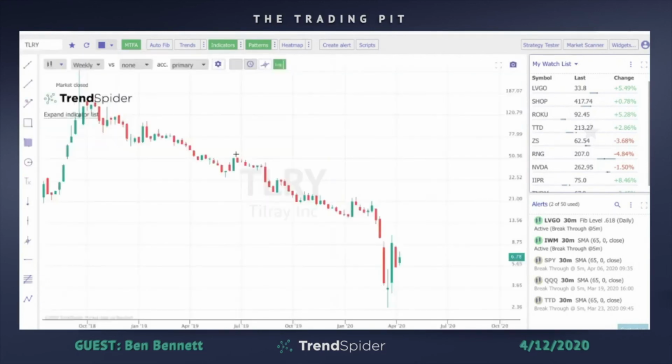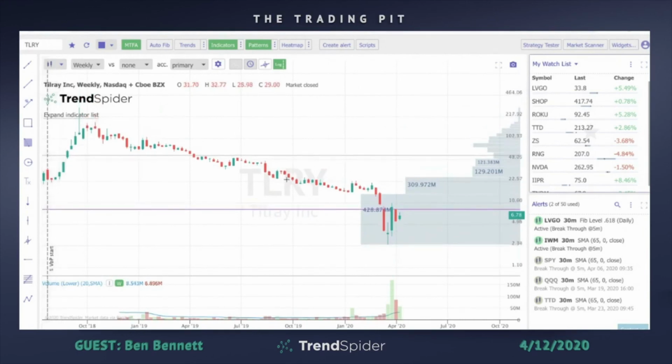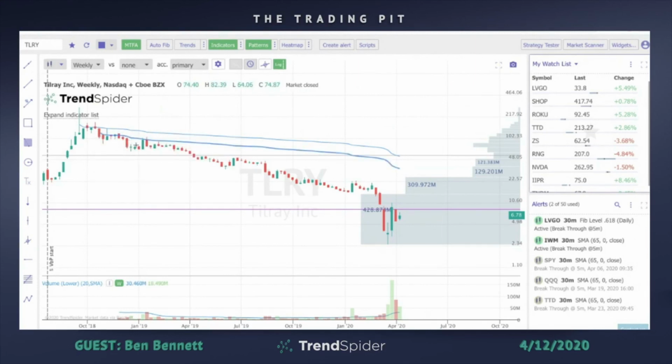And a lot of times when I see this kind of pattern where we're just kind of bleeding lower, there's not a whole lot of history here too, so you can't go back much further. I like to come in and come from that top and throw the anchored VWAP on there, and you can kind of see that it's tagged there a few times, and it's acted as resistance. So then you can come on, and I call these VWAP ribbons.